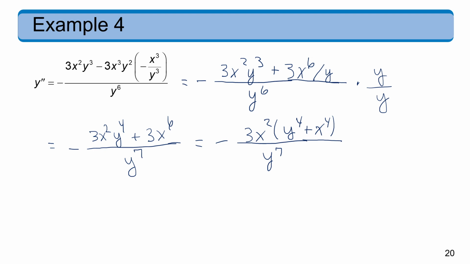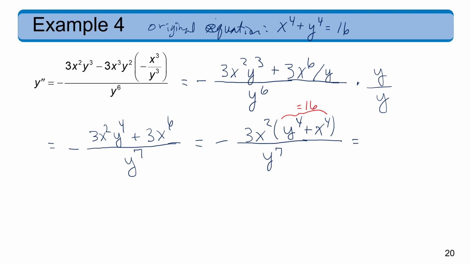Now here's where they're clever. That expression in parentheses is seen in the original equation. In this example, the original equation that we were given was x to the 4th plus y to the 4th equals 16. And notice this expression in parentheses is the same as x to the 4th plus y to the 4th. So we know that could be replaced with 16.